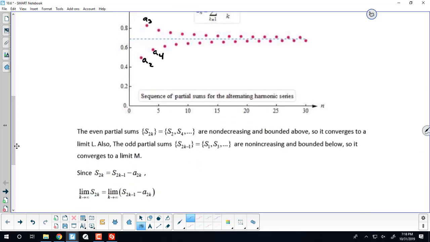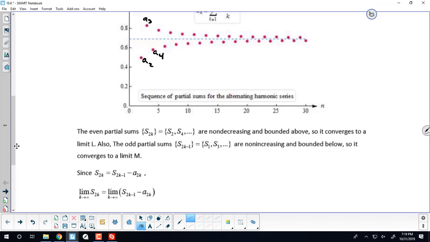And so we say the even partial sums, S sub 2k, are non-decreasing and bounded above, so it converges. Remember we had that a bounded monotonic sequence converges, like inverse tangent, I think that's the one we used in class. But we've got a bounded sequence that's non-decreasing, it's monotonic, it's bounded, it converges.